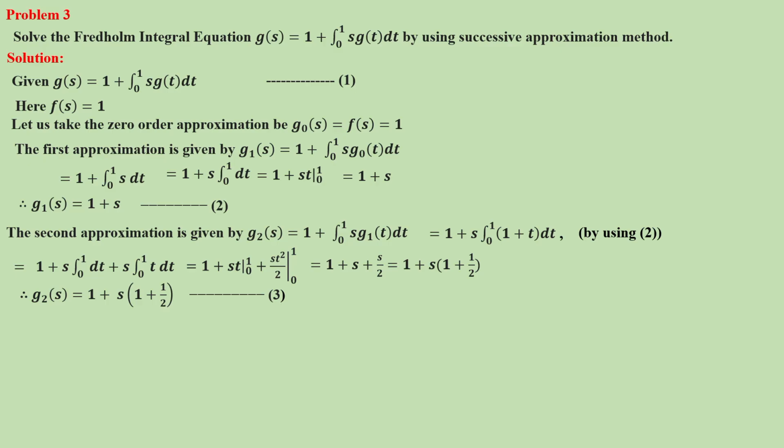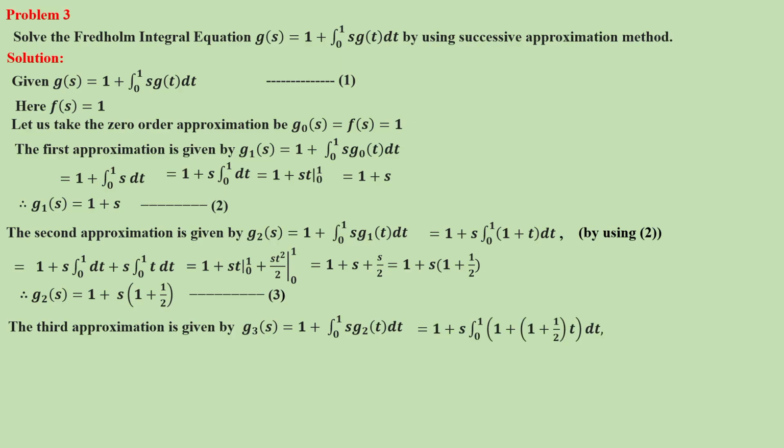Now we go to the third approximation, g3 of s is equal to 1 plus integral 0 to 1 s into, we replace g1 by g2 of t dt. So 1 plus s integral 0 to 1, from 3 we get the value of g2 of t, 1 plus 1 by 2 t dt. So separating into 3 integrals, right? So 1 plus s integral 0 to 1 dt plus s into integral 0 to 1 t dt plus s by 2 integral 0 to 1 t dt.